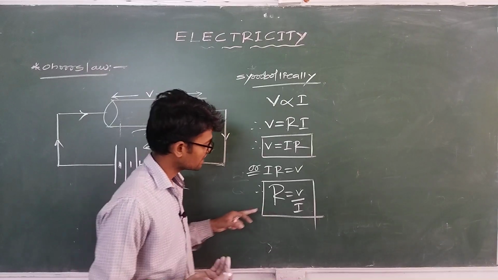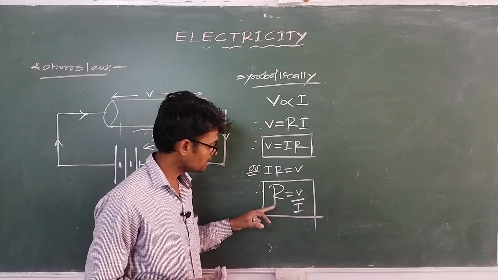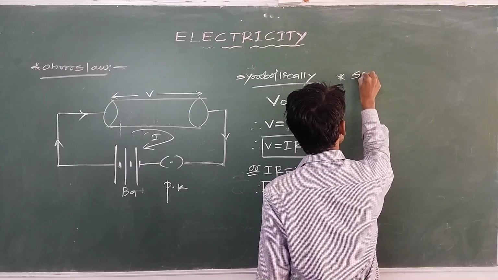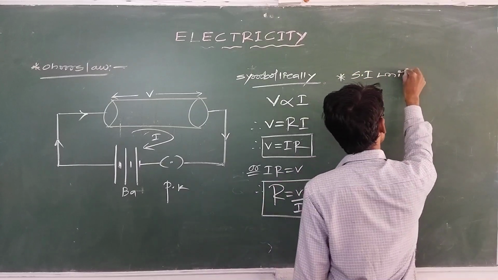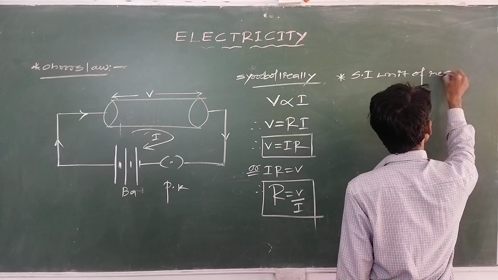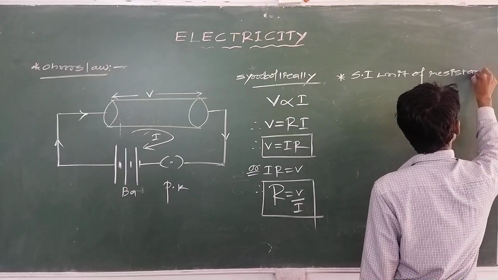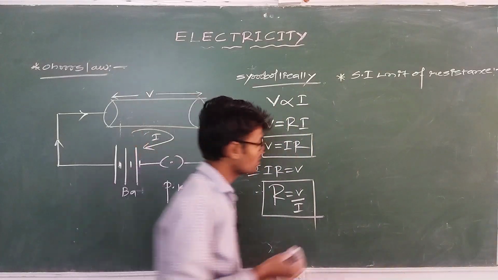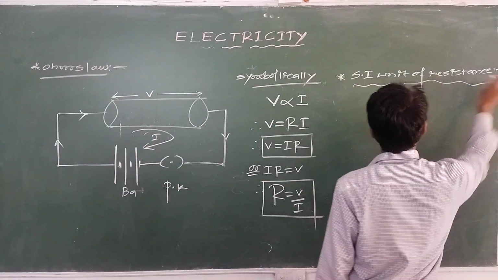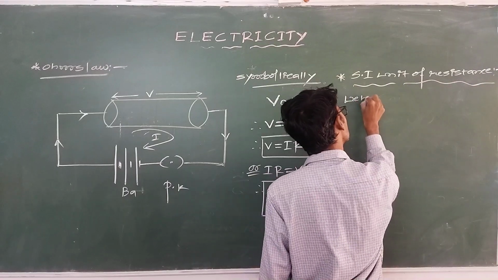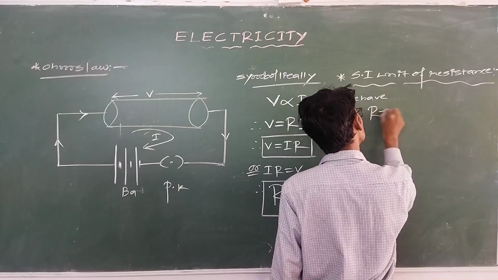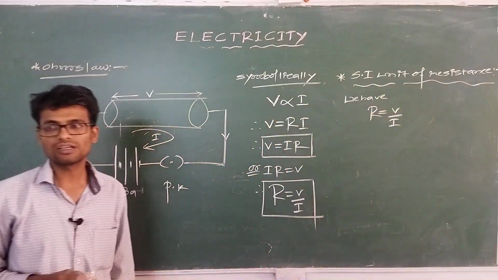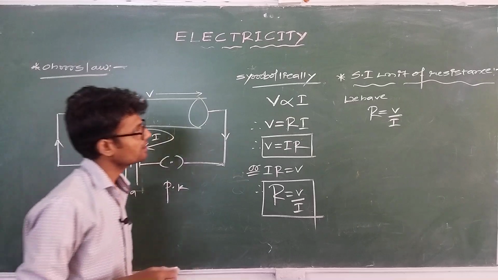So remember, the mathematical expression of resistance of the conductor is R equal to V by I. Next, we have the SI unit of resistance. We have R is equal to V by I. It is the mathematical expression of resistance.